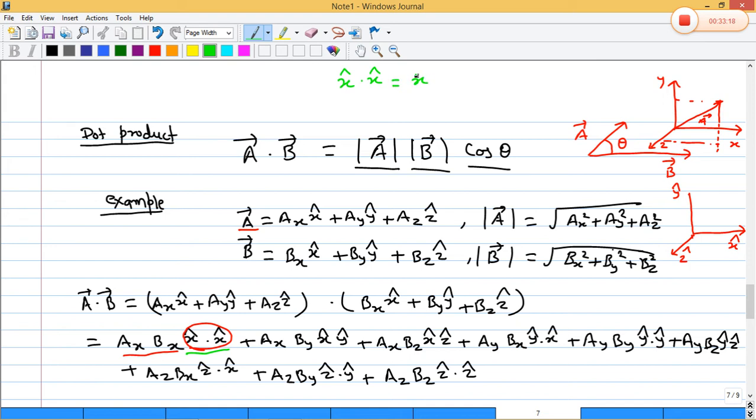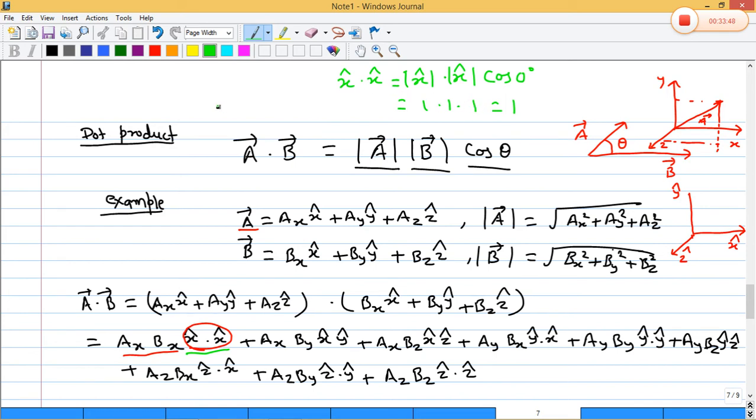So x cap magnitude into x cap magnitude into cos theta. Theta will be 0 degrees, so cos 0 is 1, and the magnitude is 1. 1 into 1 into 1 will be 1. Why? Because x cap is a unit vector, so its magnitude will be 1, and cos 0 degrees will be 1.